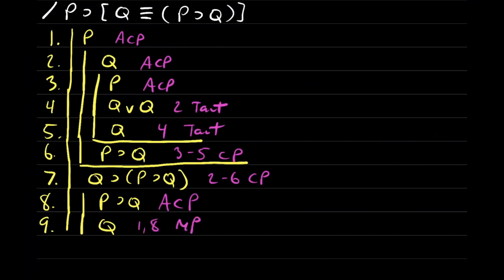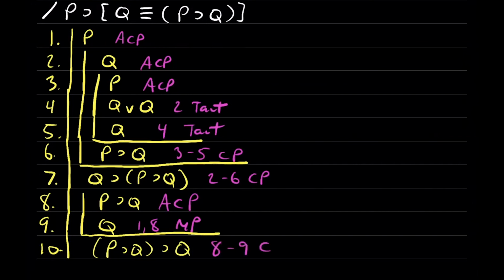So I've already shown that if I assume P implies Q, I can get Q. So I'm done with that conditional proof sequence, still inside the scope of this first one. I've shown that if I assume P implies Q, then I can get Q. And that's going to follow from line 8 through 9 by conditional proof.